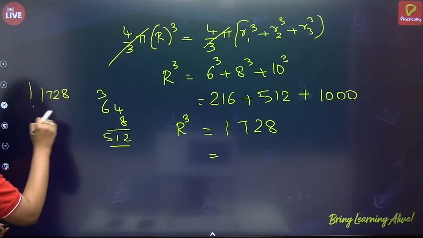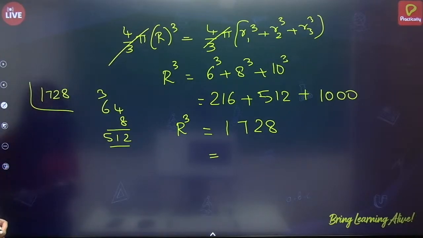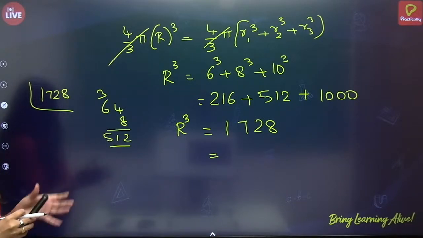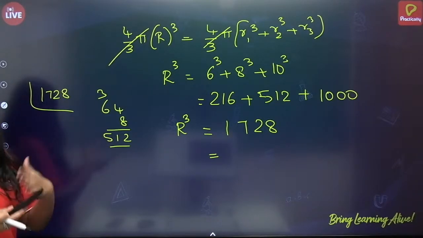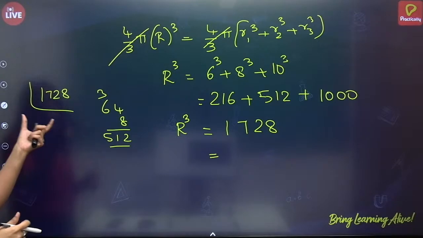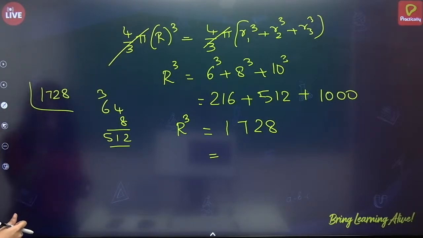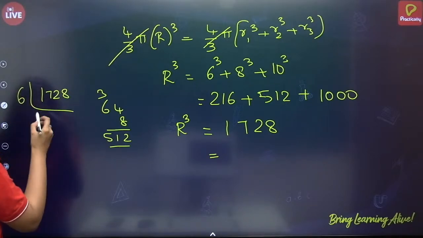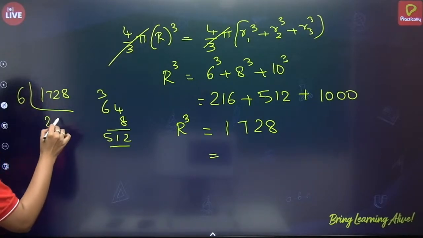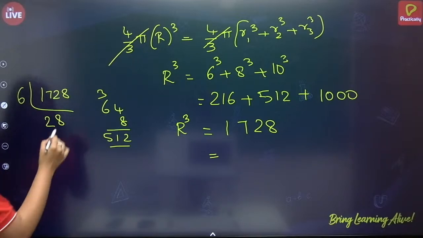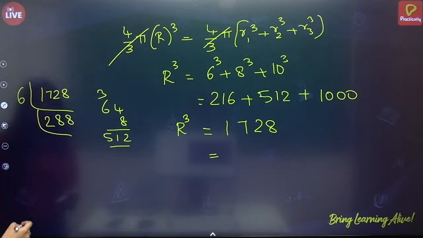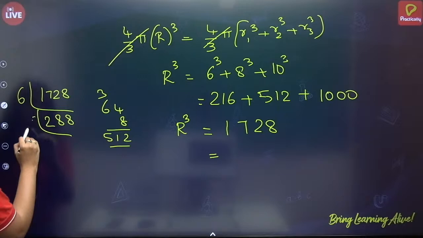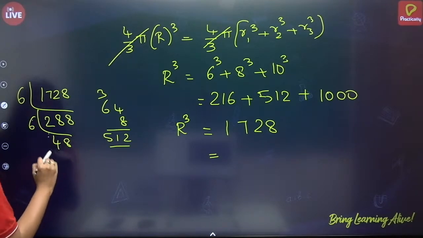1728. So is it divisible by 6? I'll directly go with 6, because why take more steps? If I know that it is a perfect cube, 6 times 2 is 12, 6 times 8s are 48. Again 6 4s are 24, 6 8s are 48.